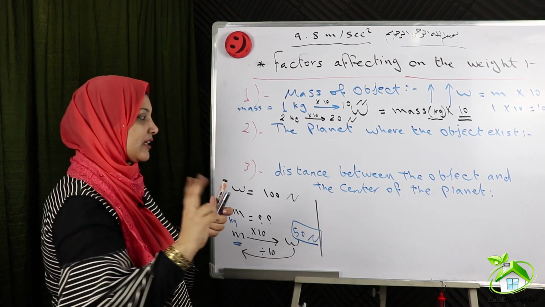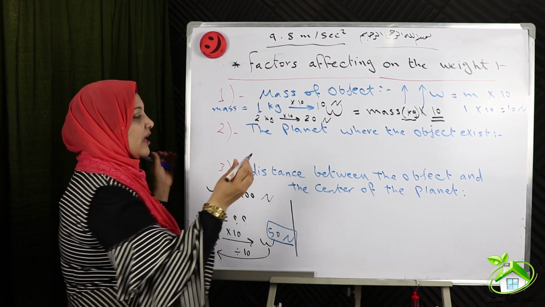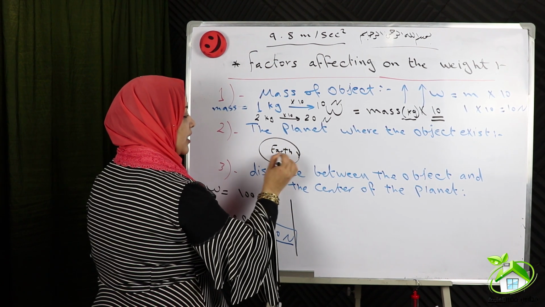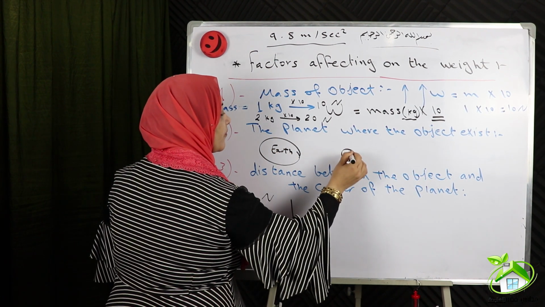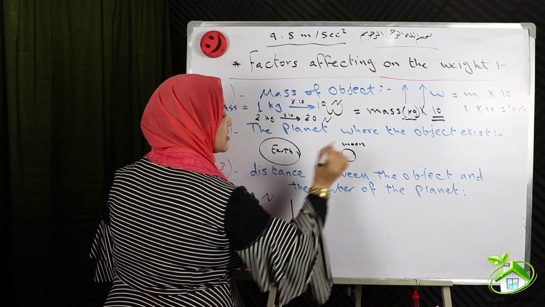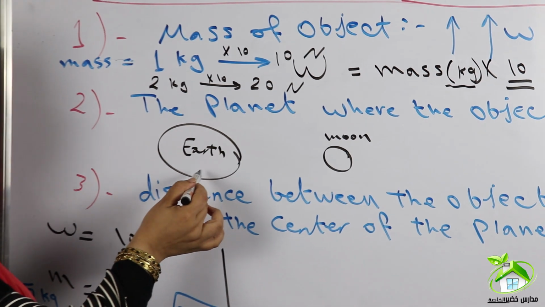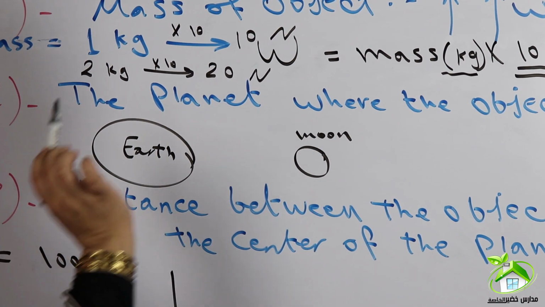طب تعالى نشوف، عندنا compare between Earth and the moon. The mass of Earth is bigger than the mass of the moon.